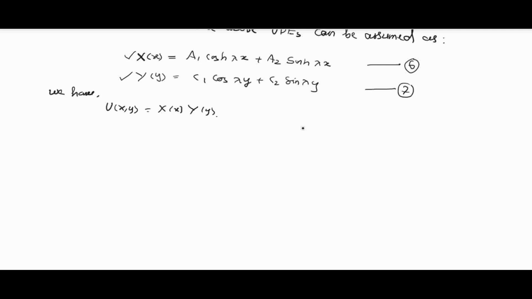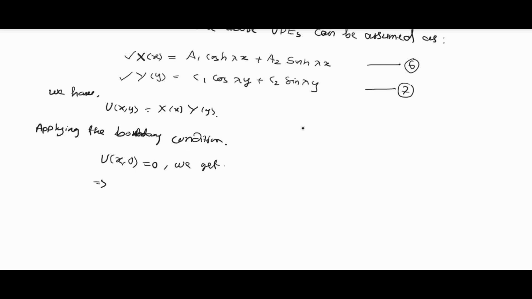Now by applying the boundary condition u(x,0) is equal to 0, we get: when y is equal to 0, u(x,0) is equal to 0.